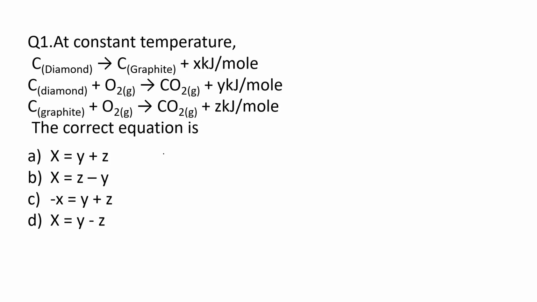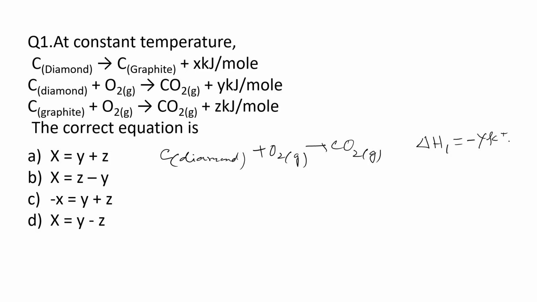Now let's see. First, the combustion reaction: carbon diamond plus oxygen giving carbon dioxide, and here delta H1 that is given is minus Y kilojoules per mole.